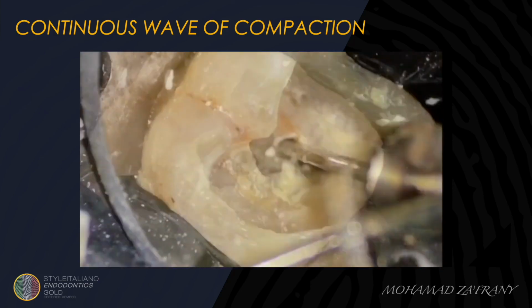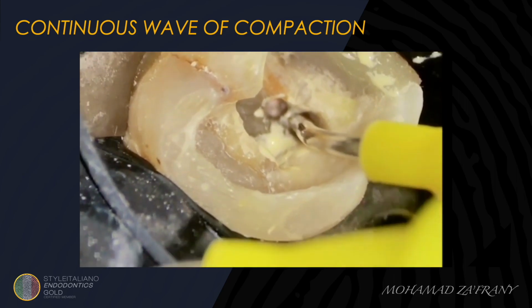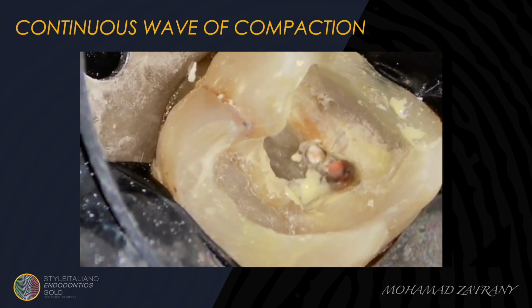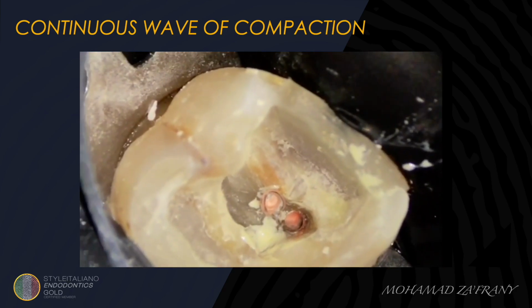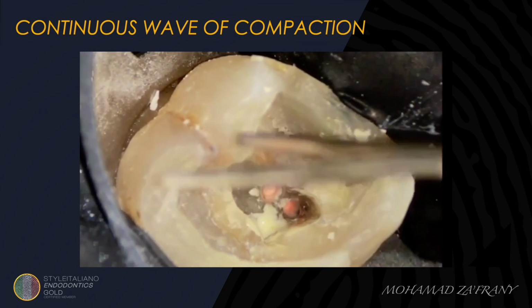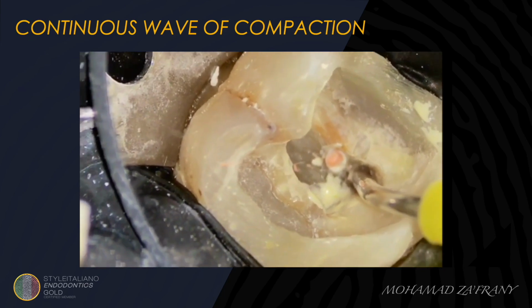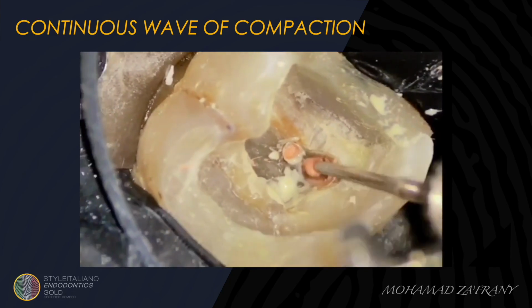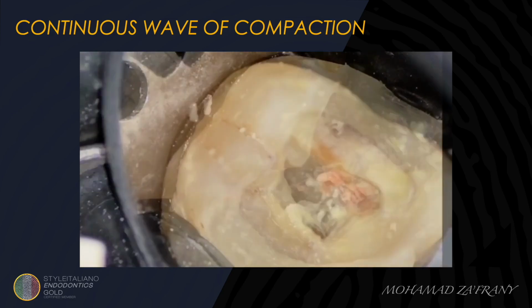Injection of warm gutta-percha into the middle portion of the canal. Filling the coronal portion, then compaction using a suitable plugger. Now, mesial canals are filled in continuous wave compaction.